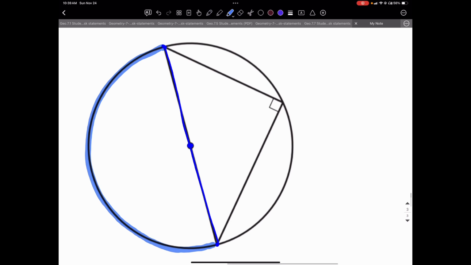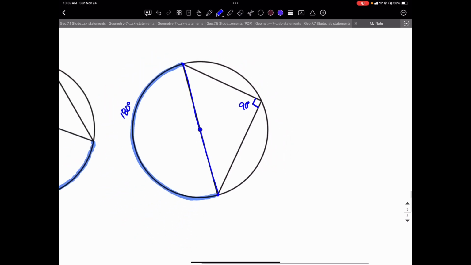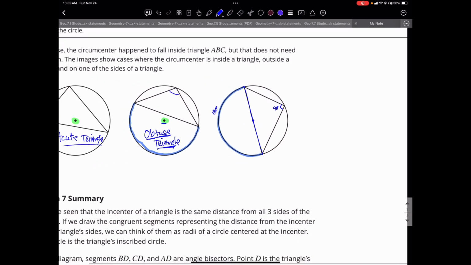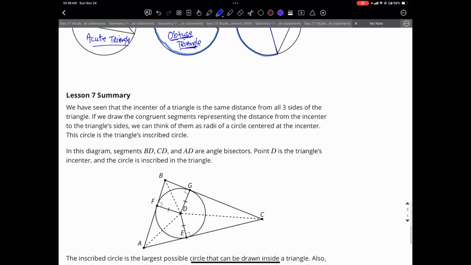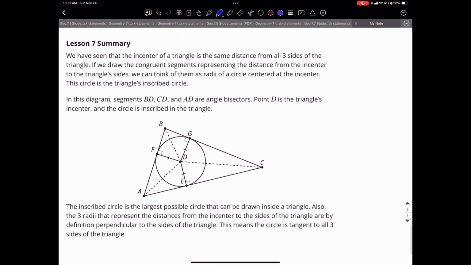So that makes sense, because this angle here is half the measure of that arc. If that arc is 180 degrees, then this angle is going to be 90 degrees.